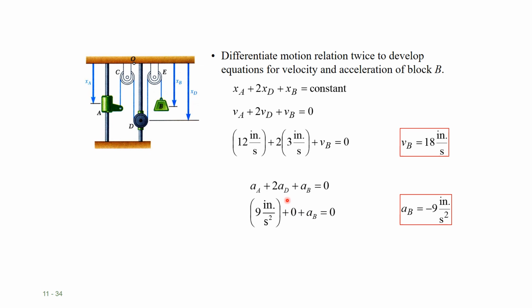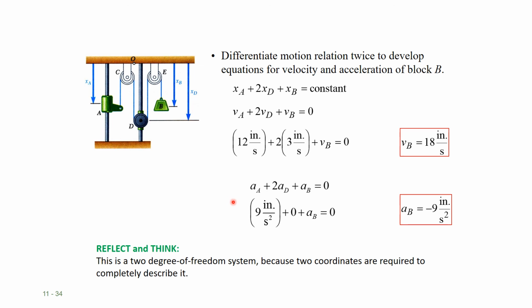So D's acceleration was 0. That means that B is accelerating at the same rate that A is. They're going in different directions. There's a negative sign here, but these two end up having the same acceleration, but very different velocities.